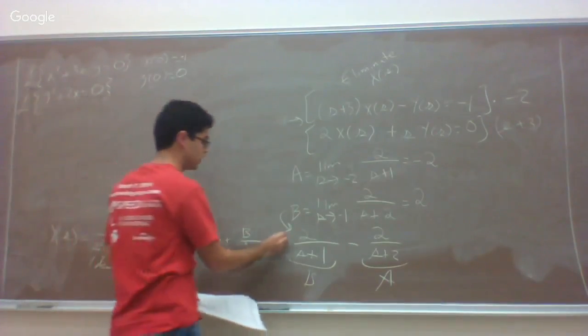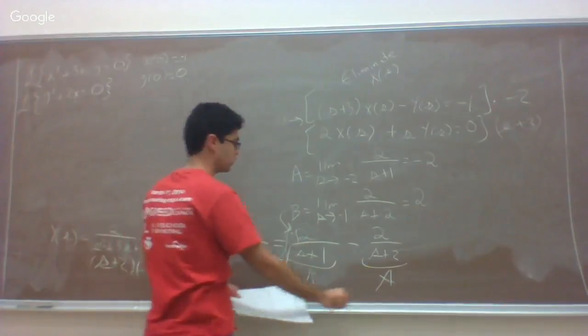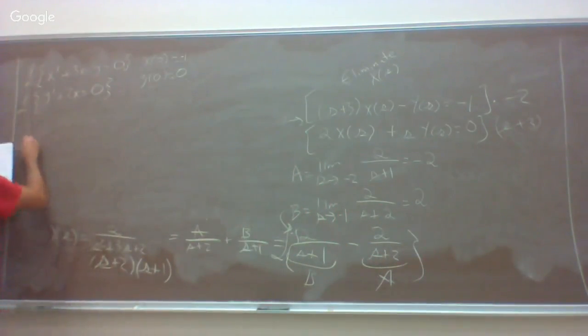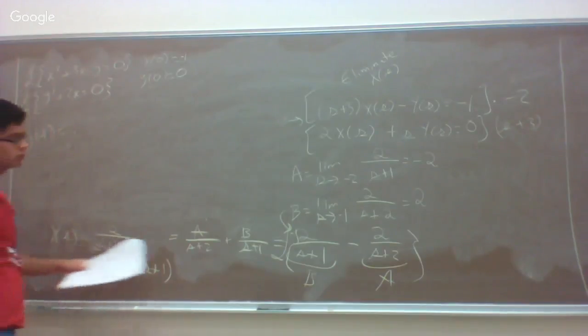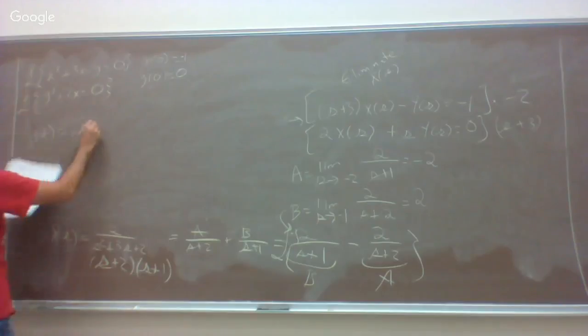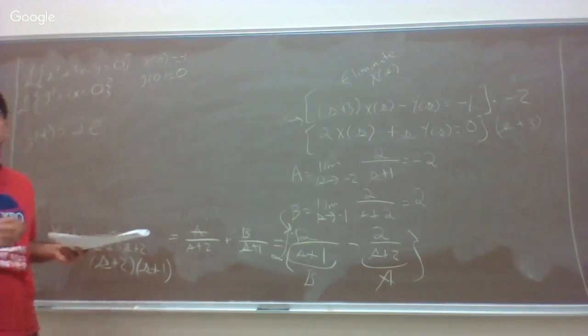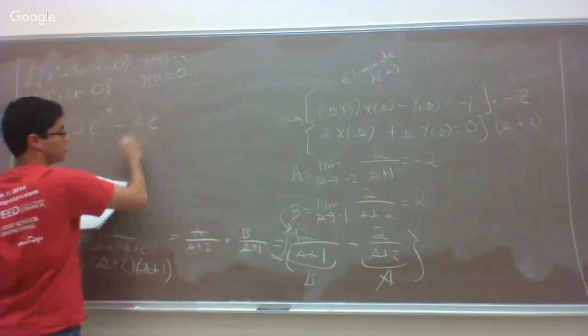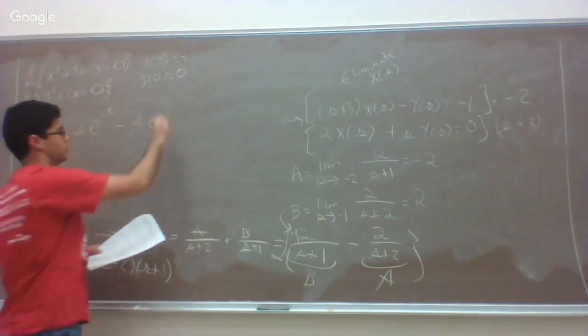If I want Y of T, I have to do the inverse Laplace of this. So my Y of T is equal to 2 times e to what power? e to the -t minus 2 e to the -2t.